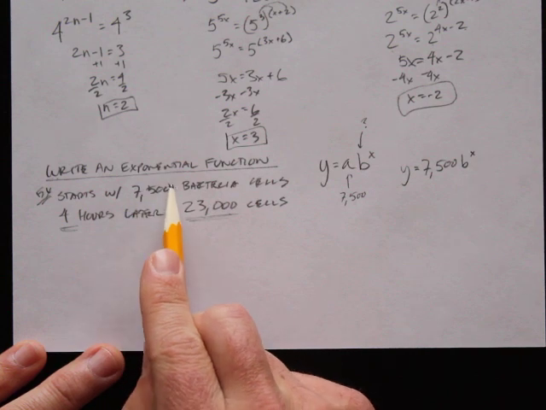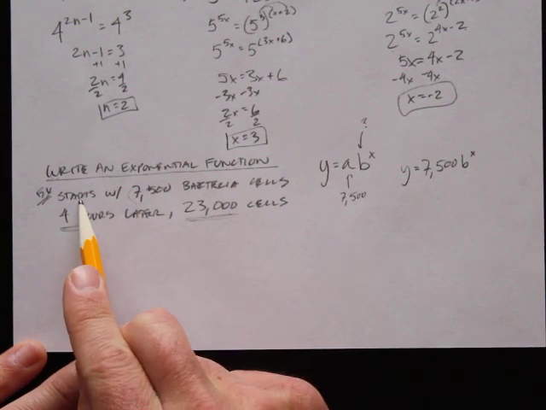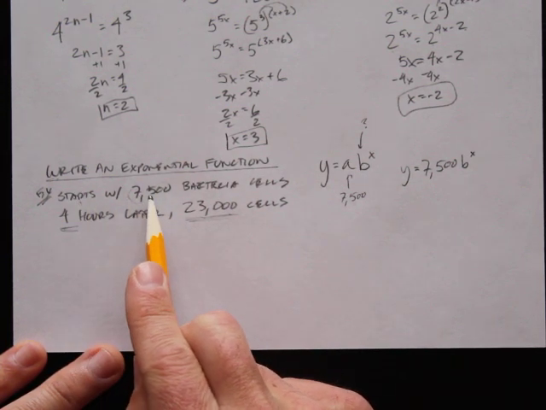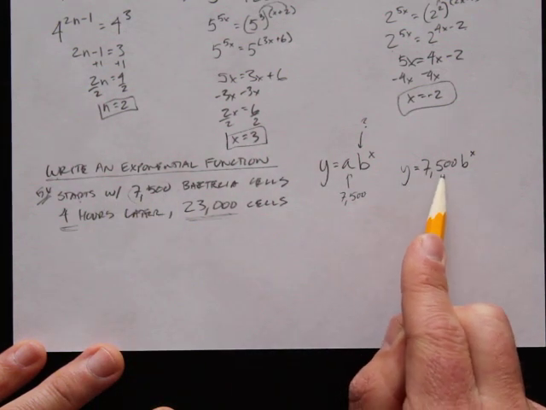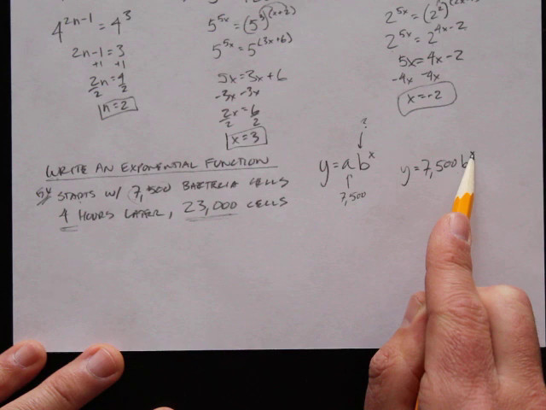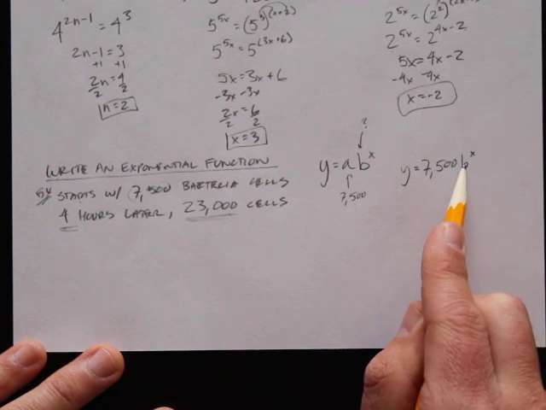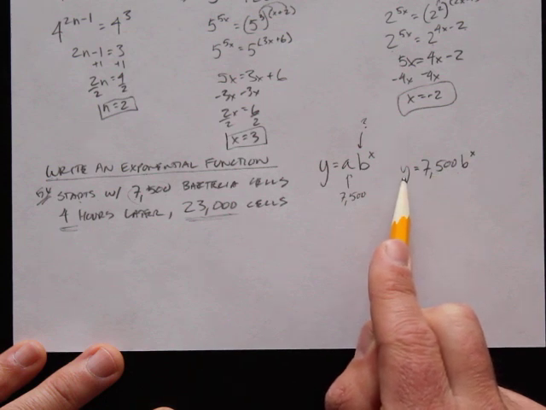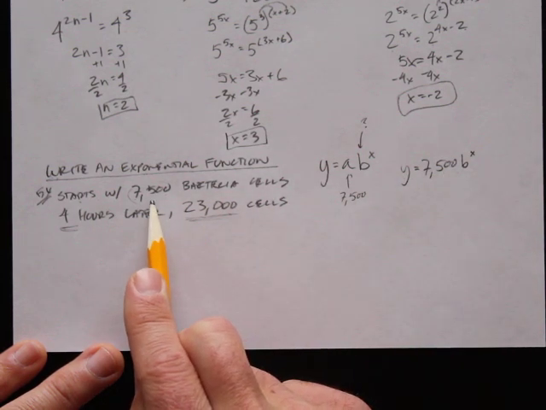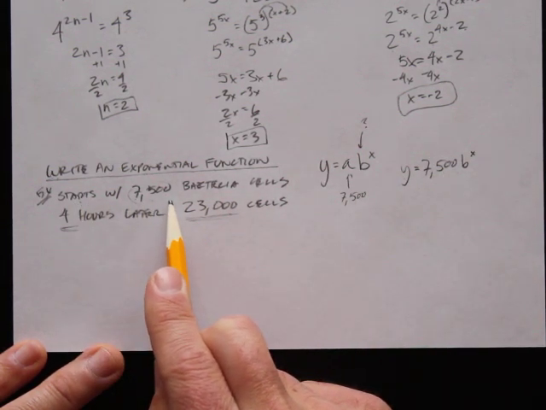We know this is the initial amount because that's what we started with. And so when x is 0, y is this much. That's why that's the initial amount. When x is 0, then this whole thing becomes 1. 1 times 7,500 is going to be 7,500. Okay. So we know it's the initial amount.